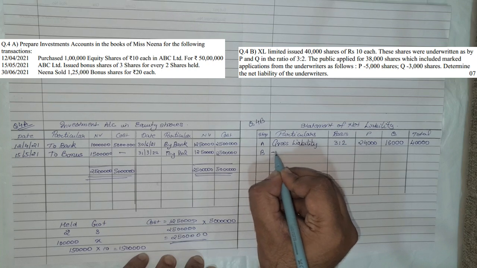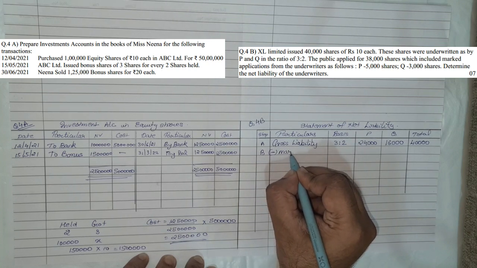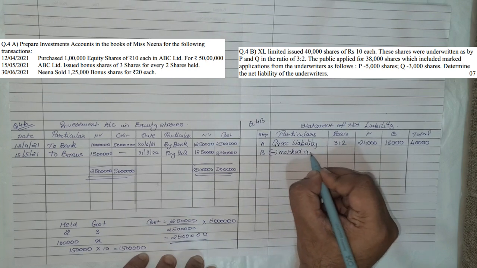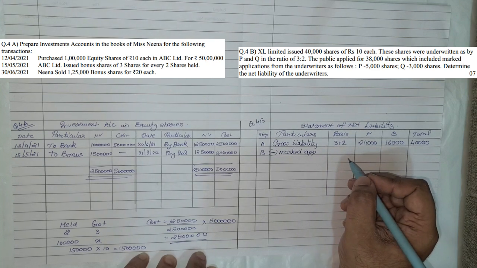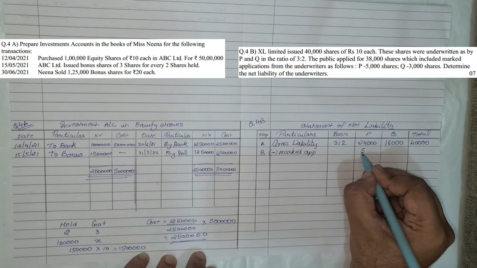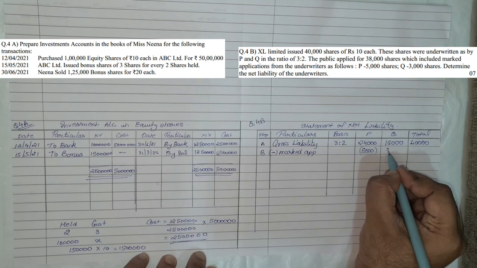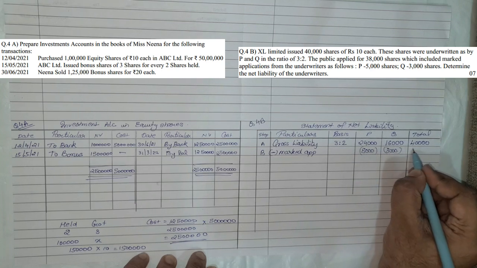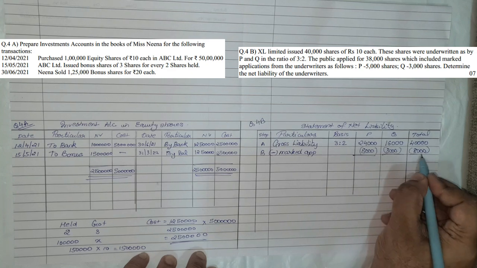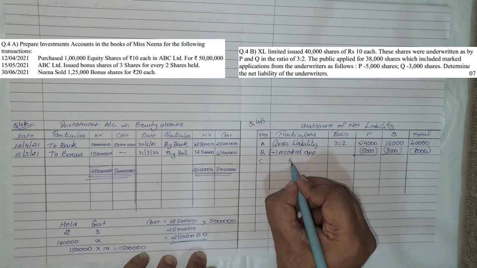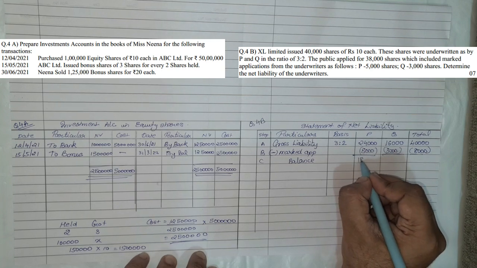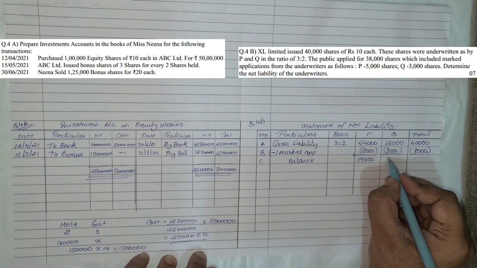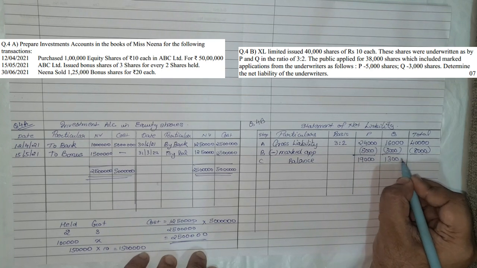In B comes less marked application, which is already given. P 5,000 and Q 3,000. Total is 8,000. So step C is balance. The balance will be 24,000 minus 5 is 19,000, and 16 minus 3 is 13,000.